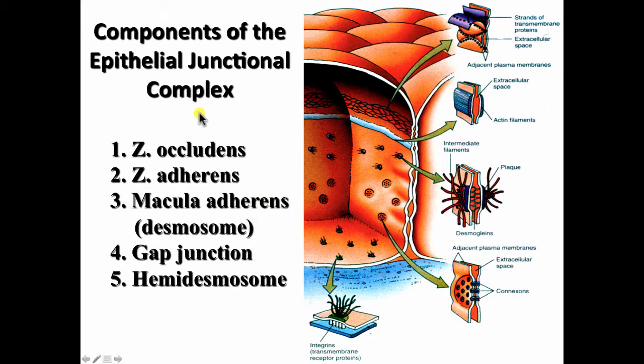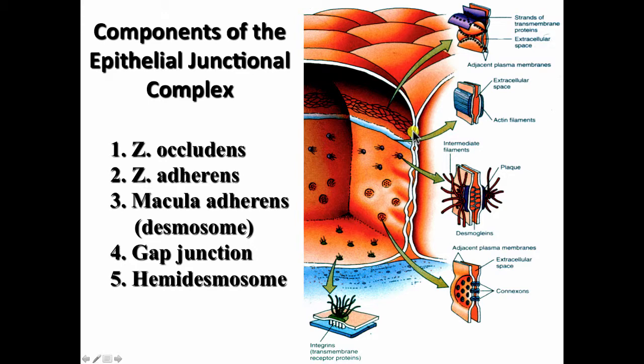The first of these components of the junctional complex is called the zonula occludens, and zonular means belt, so this structure goes all the way around the epithelial cells, forming a belt. And at the zonula occludens, the plasma membranes of adjacent cells are essentially fused to one another.